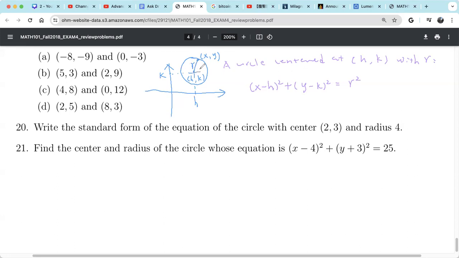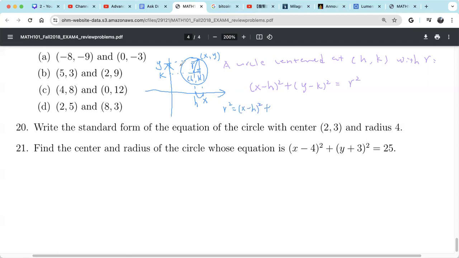Then we can make a right triangle, then r squared equals, you see this one. This value is x, and this value is y. So you see one leg of the triangle has length x minus h, then square.